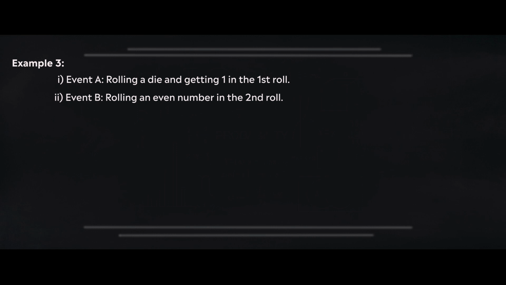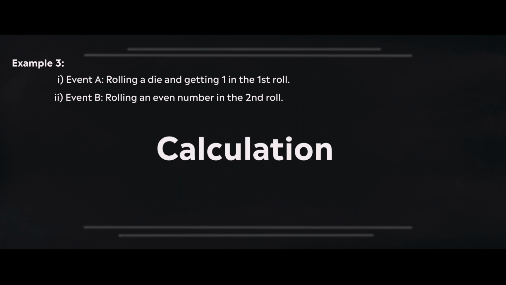So if you look at these two events, it's quite difficult to determine through reasoning whether the events are independent or dependent. So in such cases, we determine it through calculation. So let's do the calculation using certain steps.